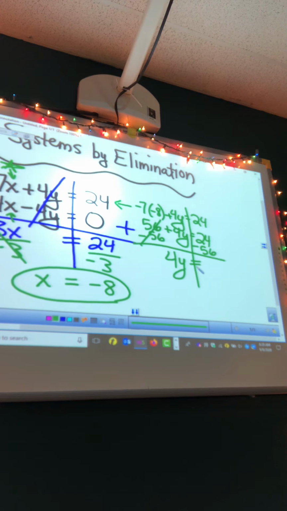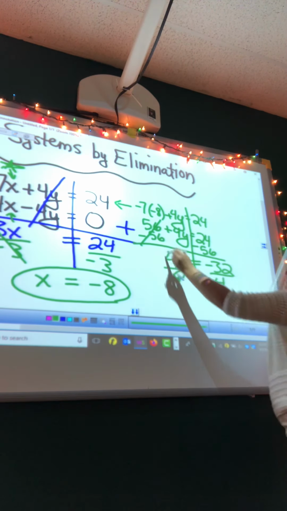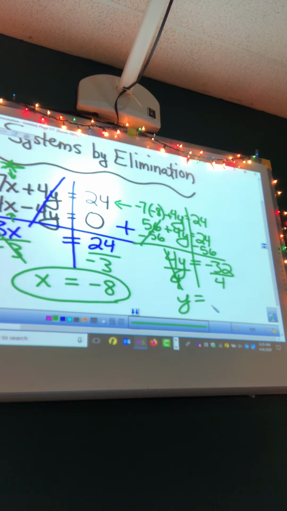Negative what? 32. Good math. Last step. Divide by 4. What I do to one side, I do to the other. And negative 32 divided by 4 is negative 8.